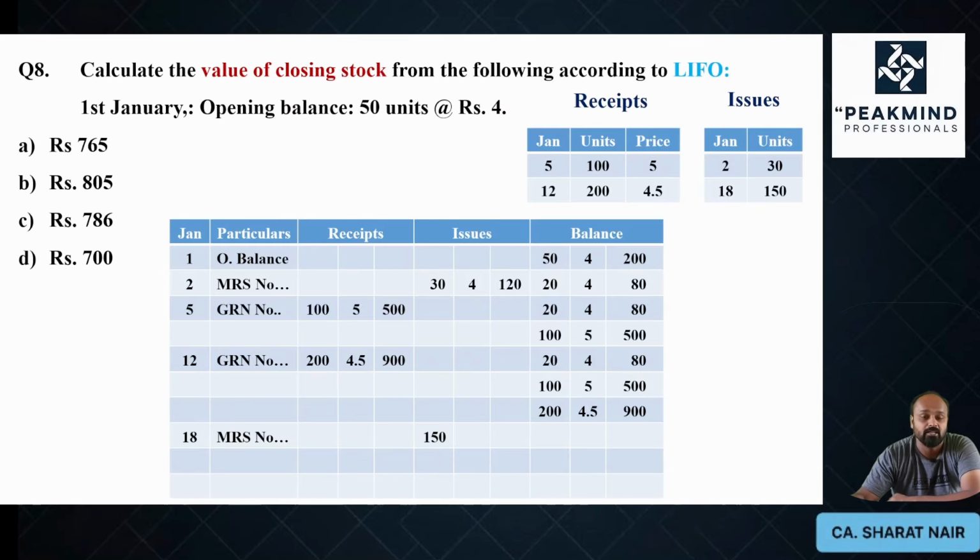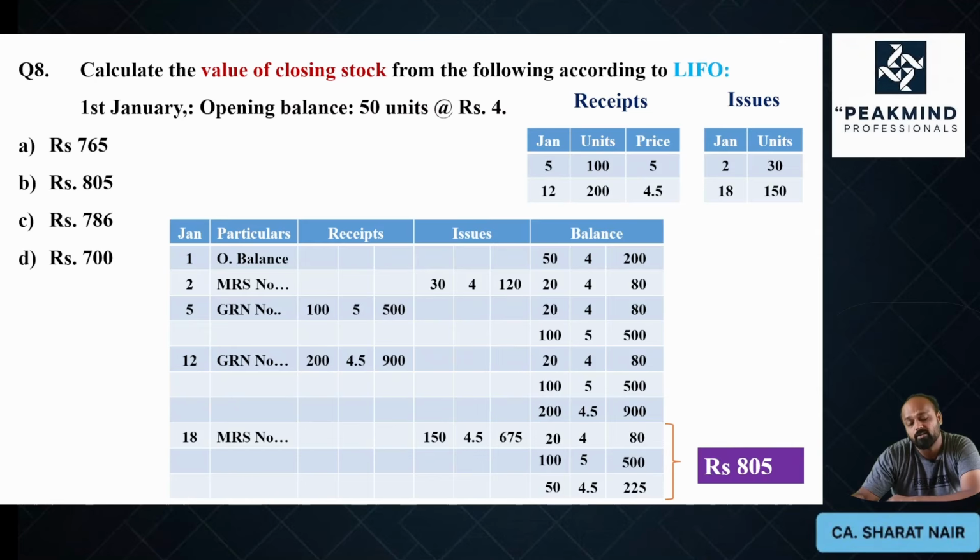So out of that, I will take 150 at 4.5, which is 675. Now in my godown, 20 into 4 rupees, that is 80, and 100 into 5, that is 500, are there, and out of the 200, because 150 was used, the remaining 50 is there. So the total value of the closing stock will be 805. So the correct answer is option B.